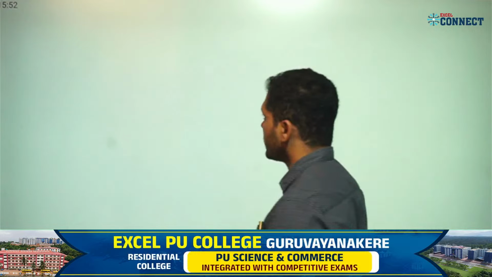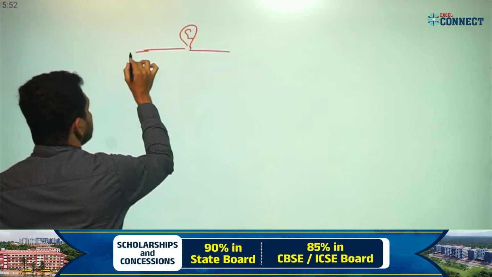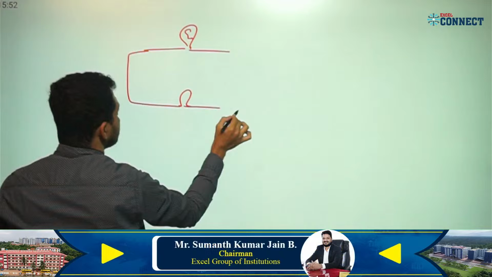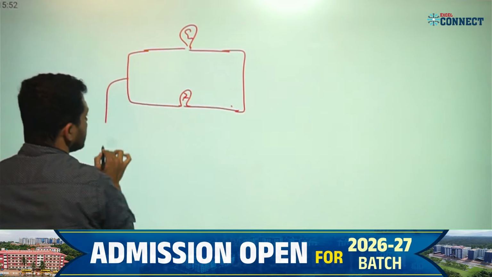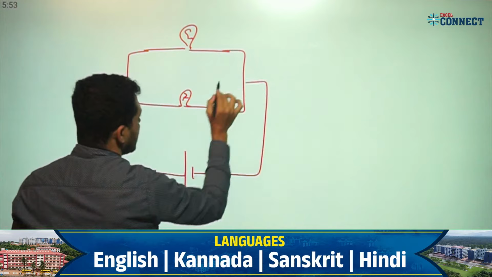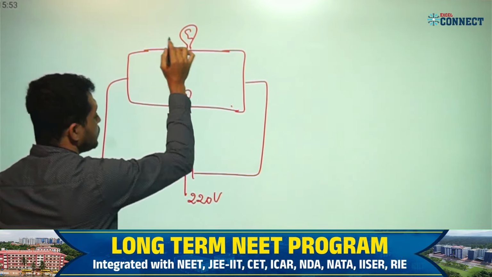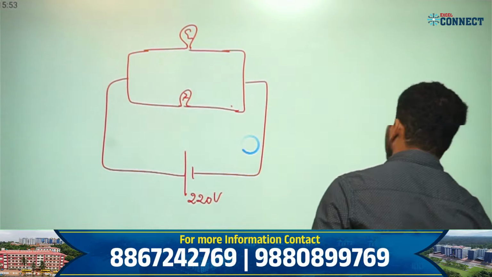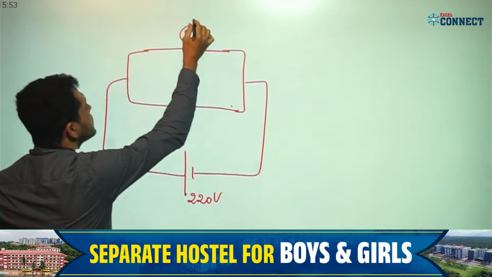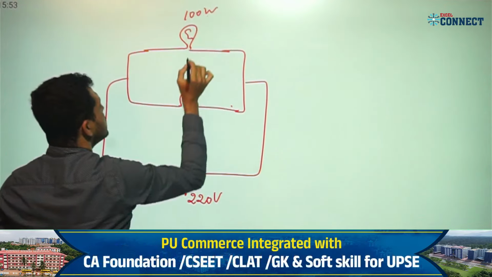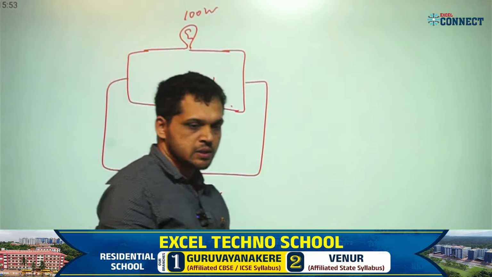I'll draw the circuit diagram: two bulbs connected in parallel, connected to a supply voltage of 220 volts. The ratings of the bulbs are 100 watt and 60 watt.